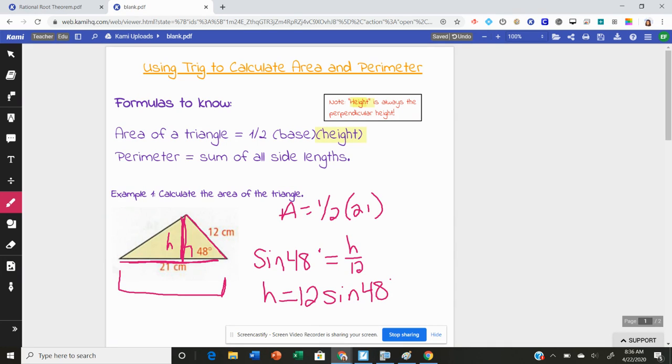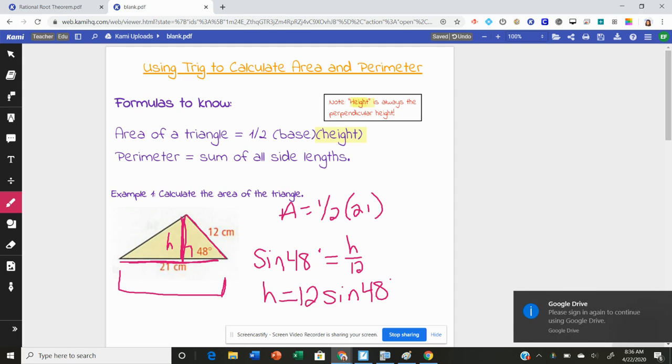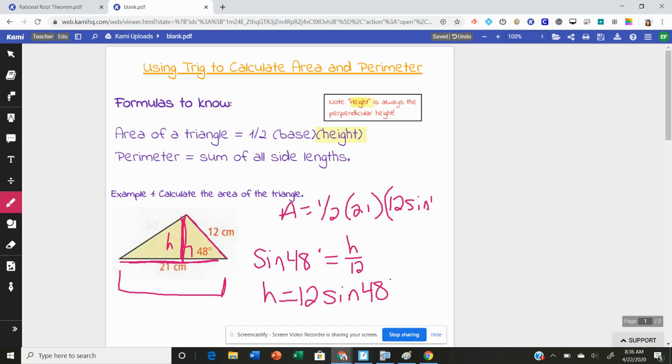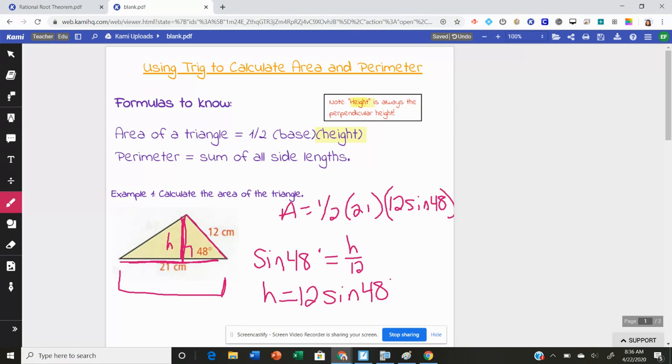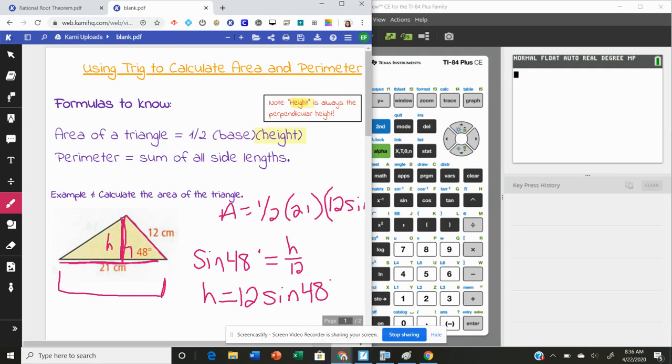I'm doing another step here, so I don't really want to round an answer for h, because if I round this answer and then plug that in to my area, it's just going to be farther away from the truth than it needs to be. So in my calculator, I'm going to type in exactly what you see here, and then that's going to give me my final answer. So let's shrink this a little bit so we can see the calculator.